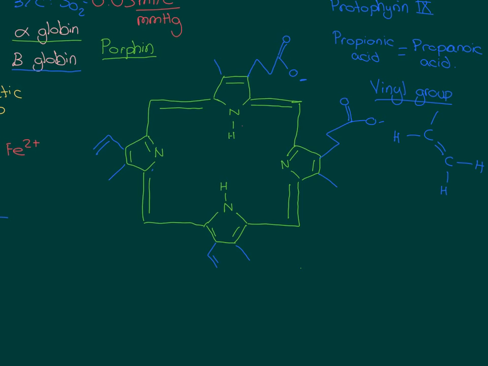Then what will also happen is these two nitrogens here, they will have interactions with the ferrous cation because they have lone pairs of electrons, and I'll just stick these in. So we'll go over to red now.